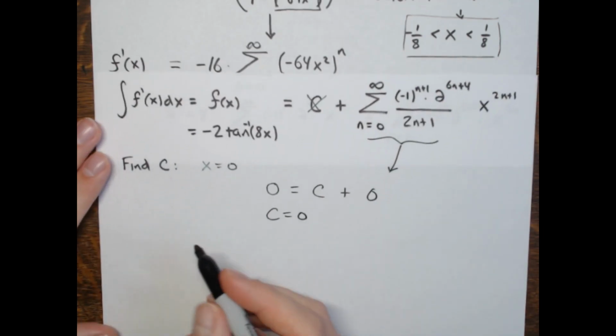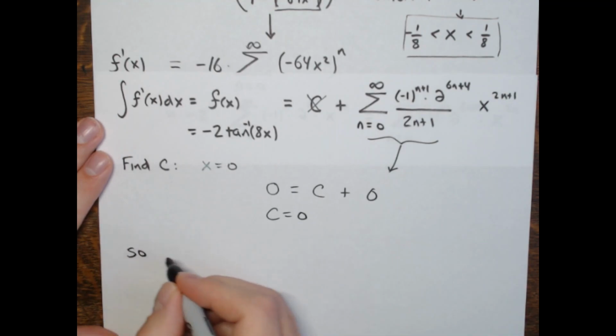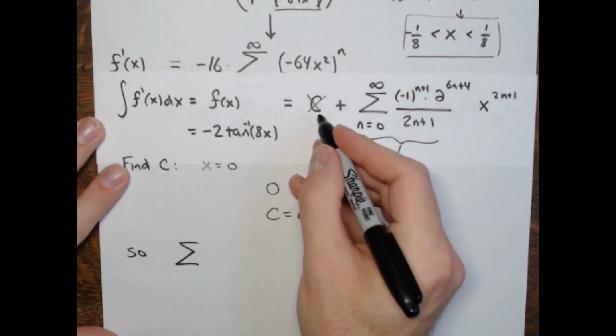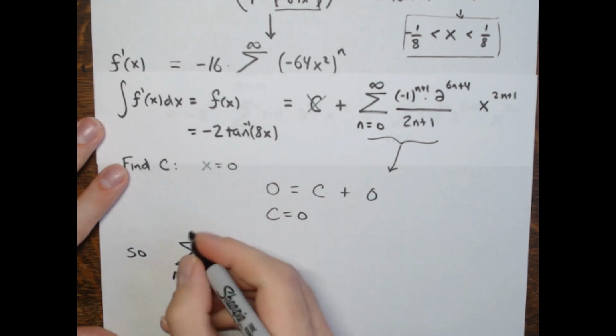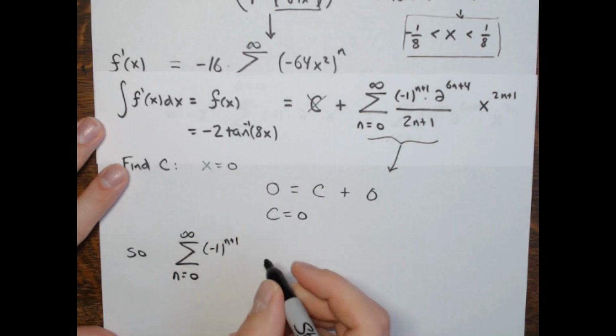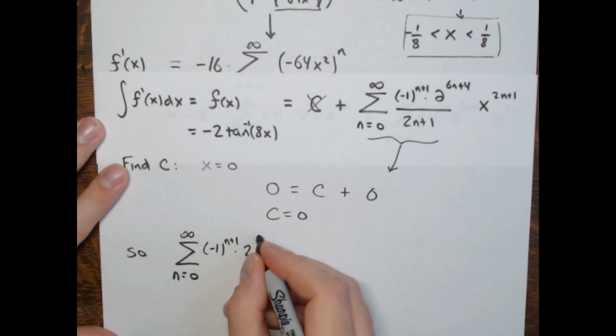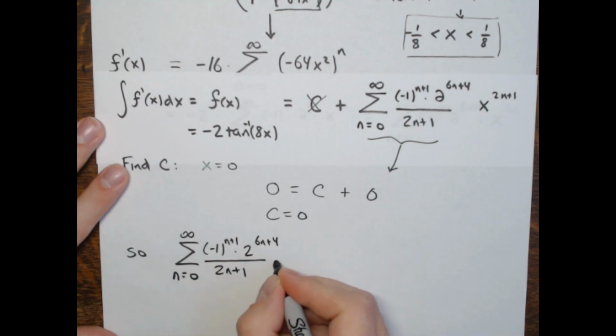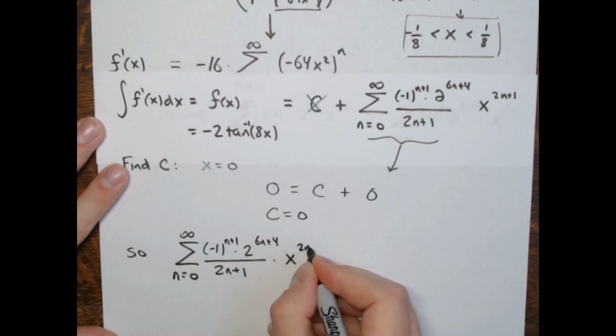So here's a series for our function. Again, c is 0. The sum from n equals 0 to infinity of negative 1 to the n plus 1 times 2 to the 6n plus 4, divided by 2n plus 1, times x to the 2n plus 1 power.